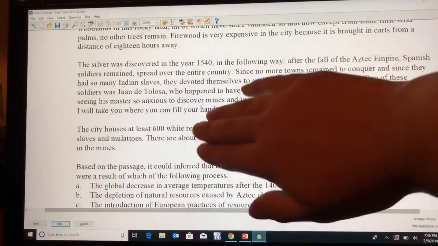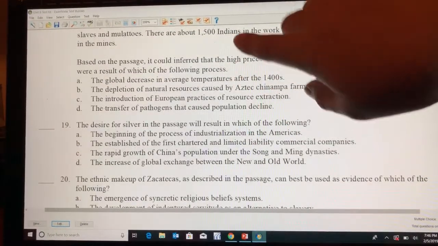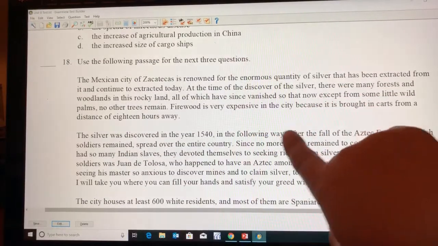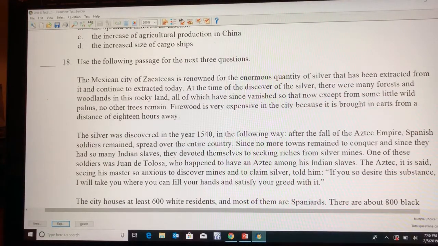Ms. Morgan has the answer and she will correct y'all. We are going to go on to question 19 now. We have to read the passage here. It says, the Mexican city of Zacatecas is renowned for its enormous quantity of silver that has been extracted from it and continues to be extracted today.